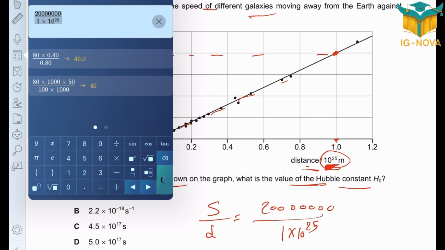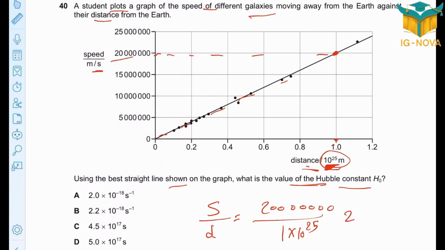The answer will be 2 times 10 power negative 18. As this is speed over distance, it must be second power negative 1. The right option is A.